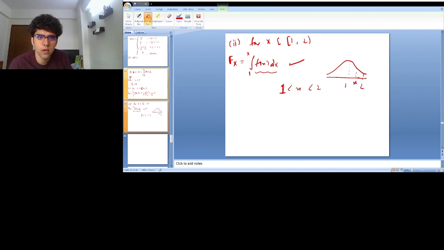So this integral gives me this shaded area, but my CDF says that I need this whole area before x. This whole area, including this shaded area and this whole dotted area. I need this whole area for finding the CDF, right?